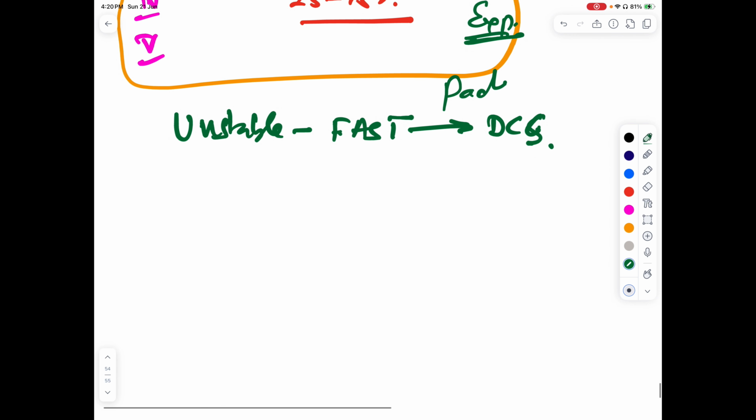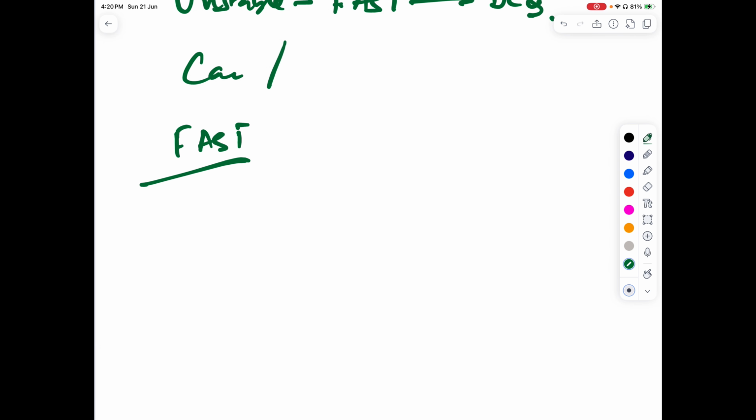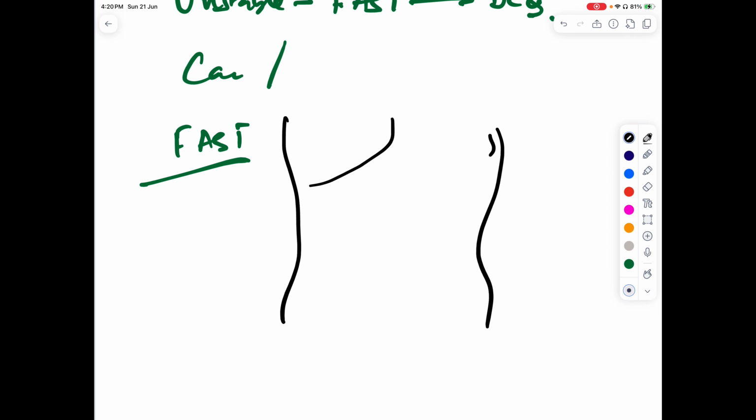Which type of shock is it? It is either cardiogenic or obstructive shock, or neurogenic, most likely neurogenic shock if the patient is tachycardic. So what will we look for on a FAST scan? If you see, this is the abdomen, and here are the sternum and ribs.